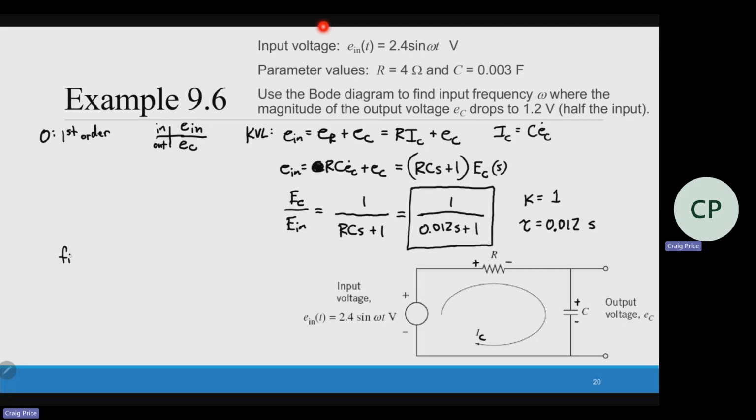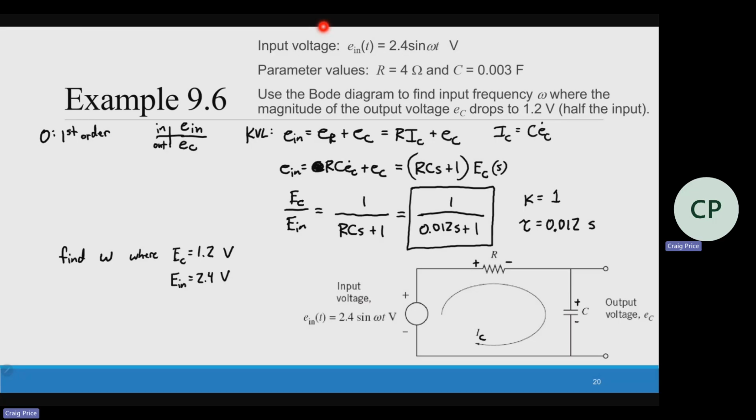So our goal is to find the frequency where EC is equal to 1.2 volts. EN amplitude is 2.4 volts. Where's this going to be?